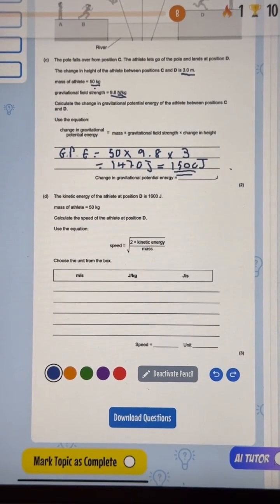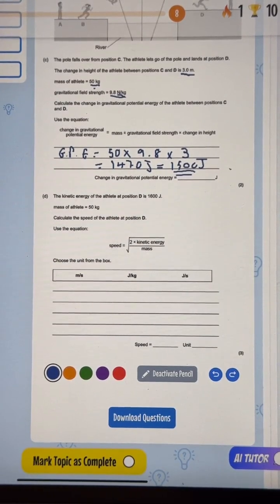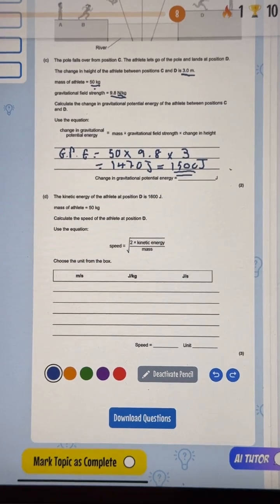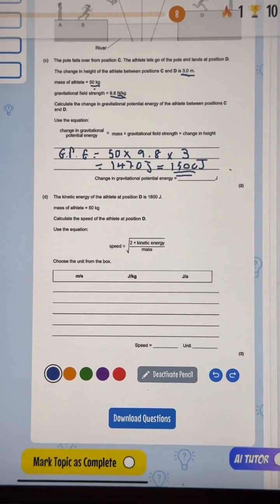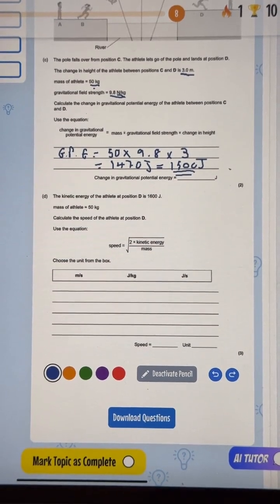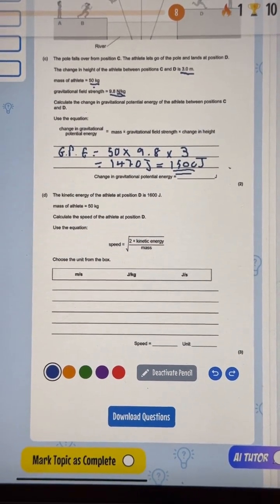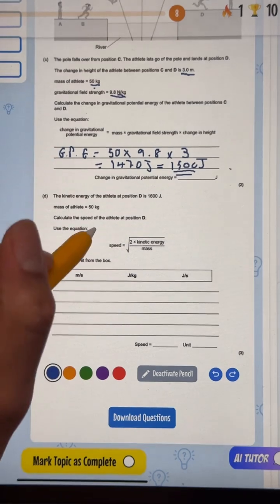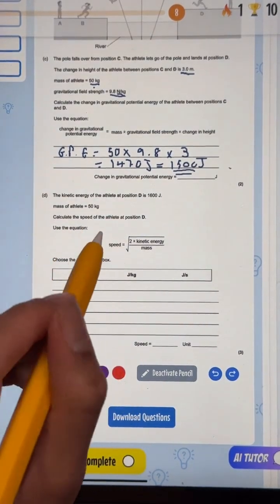Next question. The kinetic energy of the athlete at position D is 1,600 joules. The mass of the athlete is 50 kilograms. Calculate the speed of the athlete at position D. Again, they've given us the equation here, so it makes it a bit easier. The last thing is they've said choose a unit from the box. So again, this is a bit of a substitution exercise.